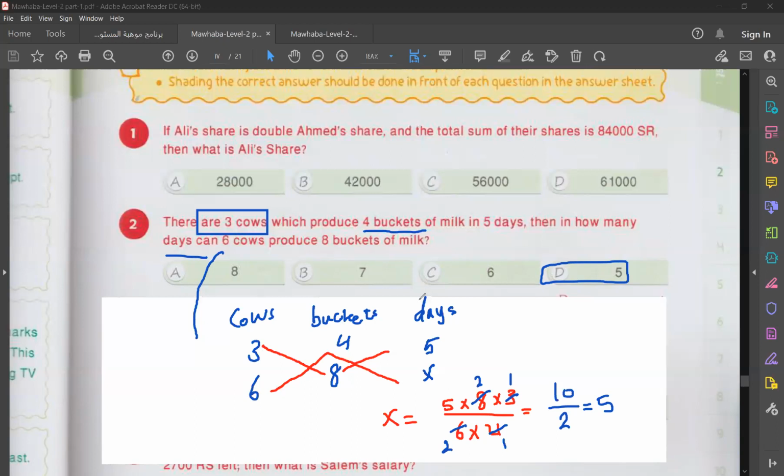We didn't know. So we arrange cows 3, buckets 4, days 5, and 6, 8. We multiply 3 quantity, 5 times 8 times 3, divided by 6 times 4. Then we simplify and we get the answer is 5.